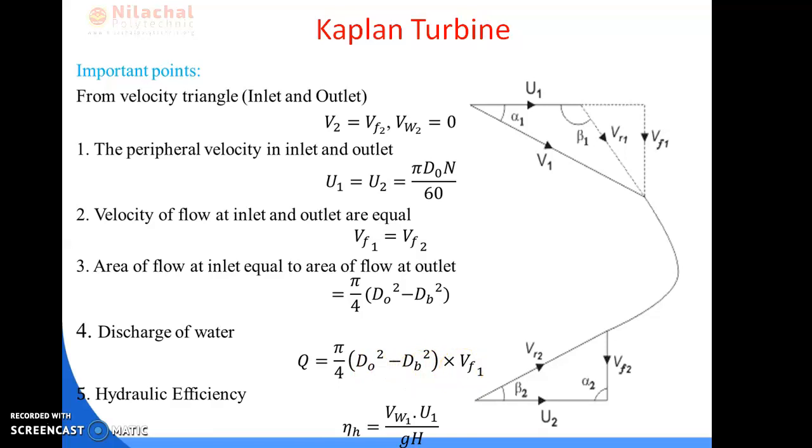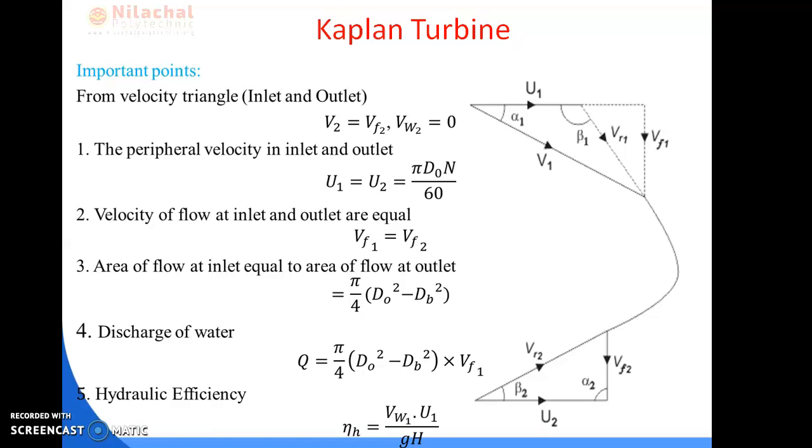Next, we have to find the work done per second by the water striking upon the plate. How to find it? From the velocity triangle diagram, work done per second is equal to mass of water striking, times the whole bracket initial velocity minus final velocity.